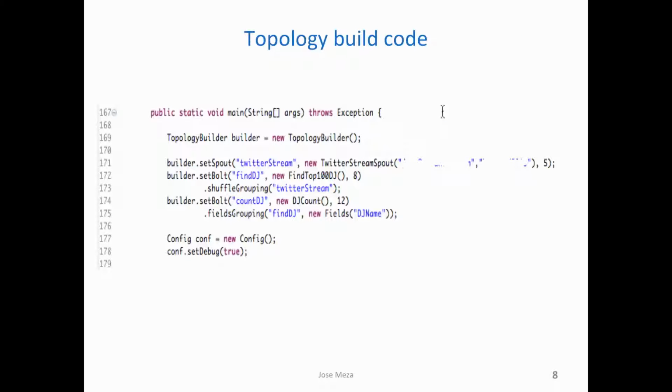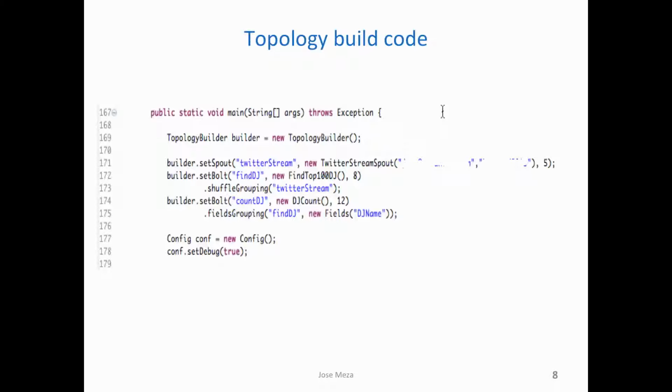Here you see the code for the topology. First, I set the spout to the class that's going to be running the spout. In this case, it would be the Twitter stream spout, which requires the Twitter account and password. Here I've blocked it off.